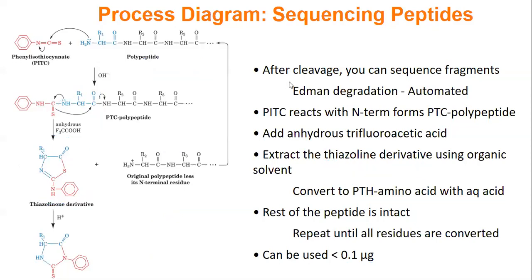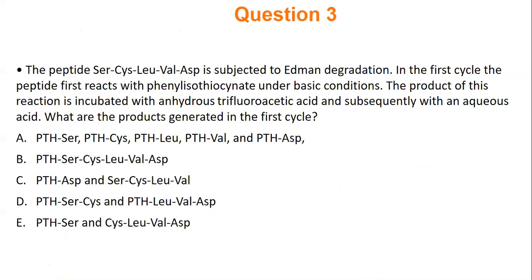Okay, so let's see if we do understand this process. Here's a question you might see on exam 2. I have a peptide: Ser, Cys, Glu, Val, Asp. I do Edman degradation. In my first cycle, I react with phenylisothiocyanate, that's PITC, in its full name, with a base.